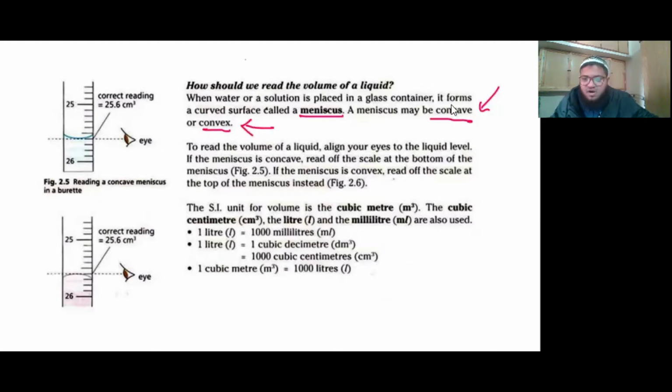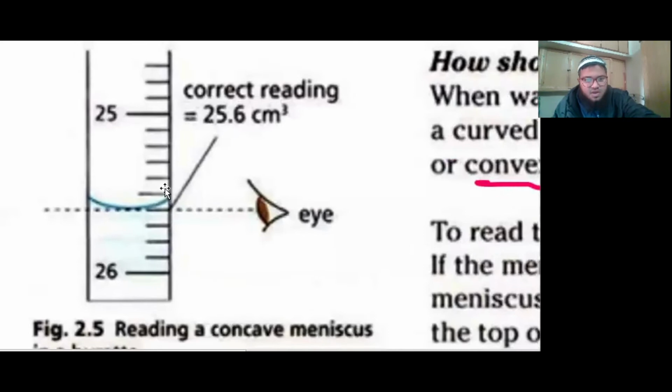Concave: the word cave is in there. You know what a cave is, right? A cave is just an opening in a mountain or a hill. It's an inverted opening. If you look at this meniscus over here, the level number 2.5, let me zoom in a bit. It's a U-shaped meniscus, so you can remember that a U-shaped meniscus is called a concave meniscus.